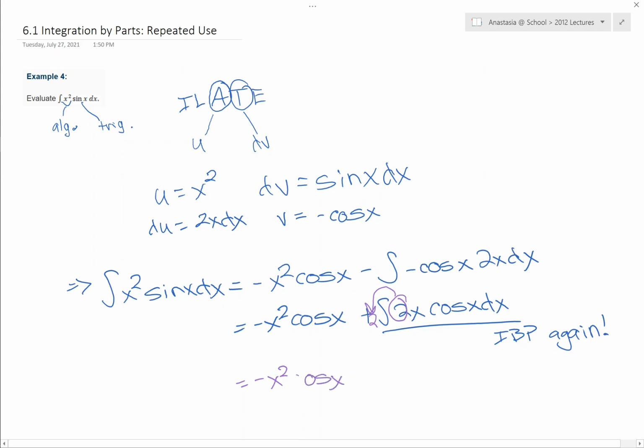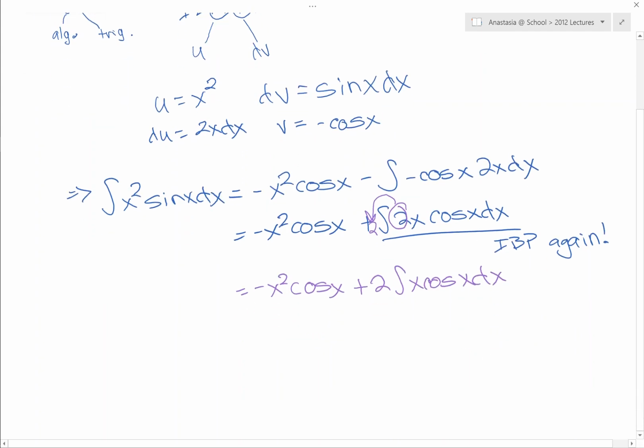Sorry, that should be a c there, cosine of x, plus 2 times the integral of x cosine of x dx. Notice we still have a product of functions here, so we're still going to need to use integration by parts. The 2 is just now outside of the integral, so it's not going to go into the choice of u and dv anymore, but it is something that we'll have to remember to multiply by later. So I'm going to go ahead and continue with doing it this way.